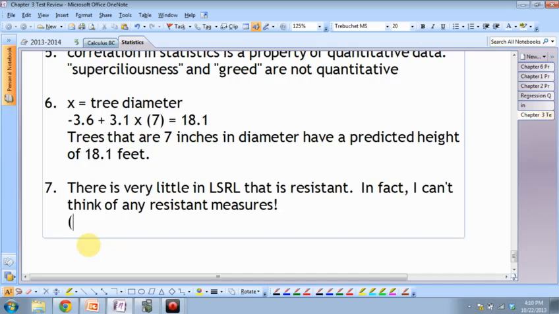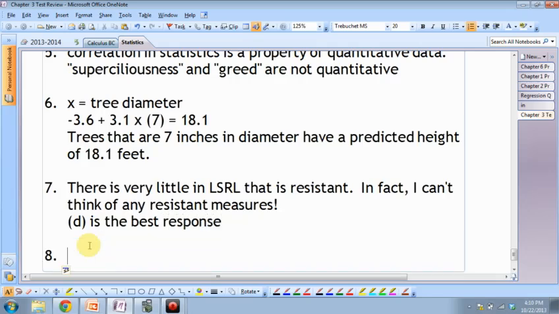Best response? D. Because definitely the correlation coefficient is not resistant. The LSRL, not resistant.